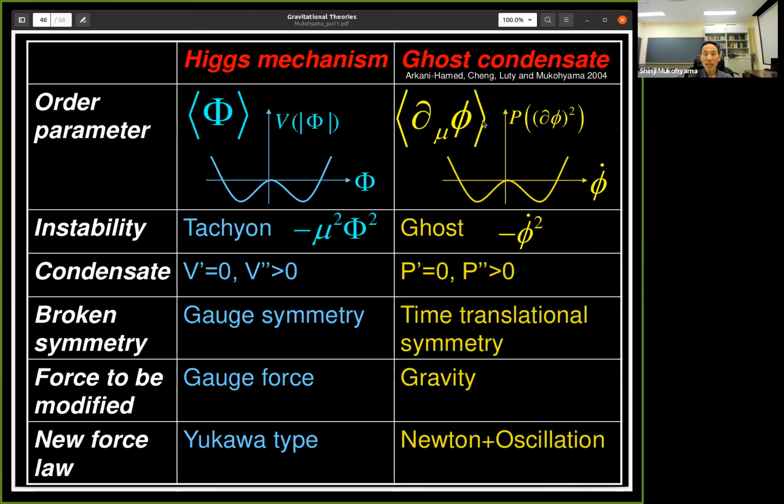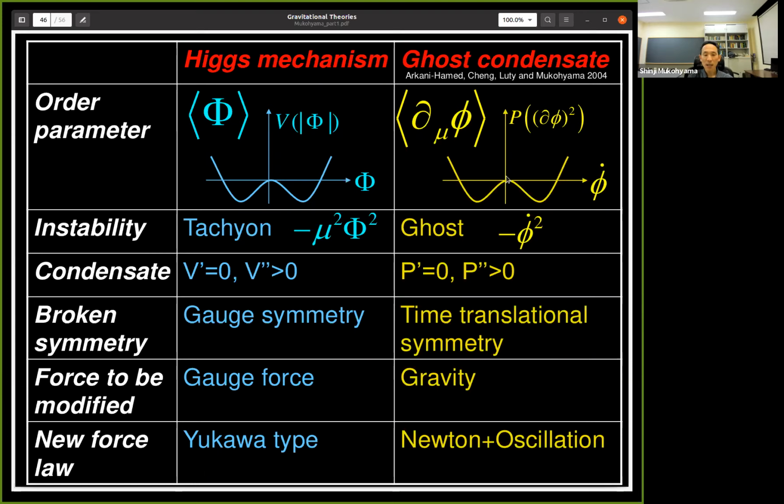In order to give a non-vanishing value to this combination, we consider a nonlinear kinetic term. Here (dφ)² is the usual kinetic term, but we can consider a nonlinear kinetic term. For the homogeneous case, this is a function of φ dot, where dot is the time derivative, and let's consider a shape like the Higgs potential.